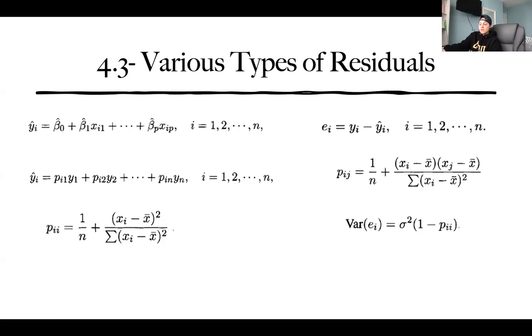The fitted values can also be written as this equation right here on the left in the middle using p's.